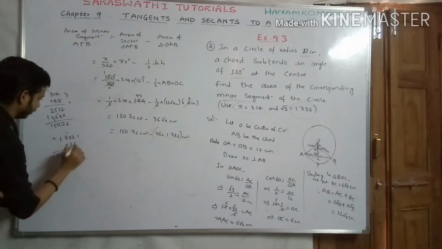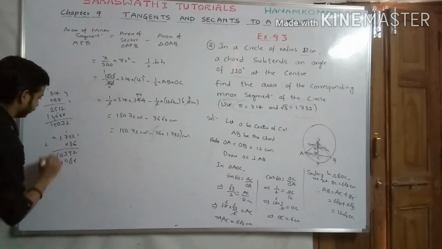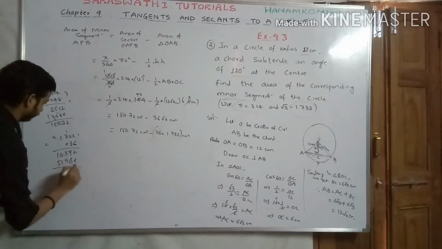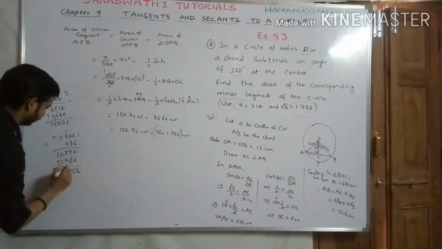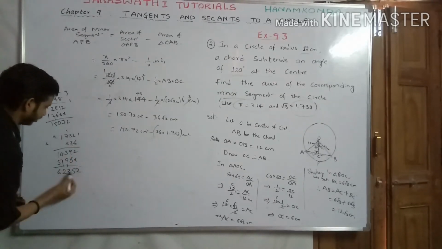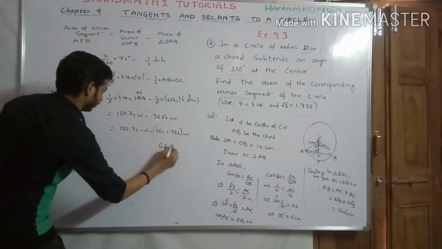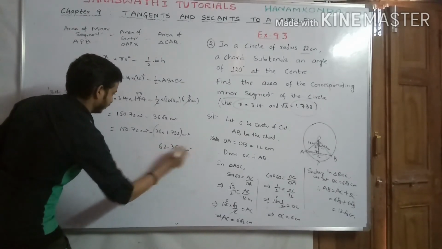Similarly 3 2s are 6. 3 3s are 9. 3 7 are 21. 1 2 3, 1 are 3 plus 2 5. So before 3 digit point, its value is 62.352 centimeters square.